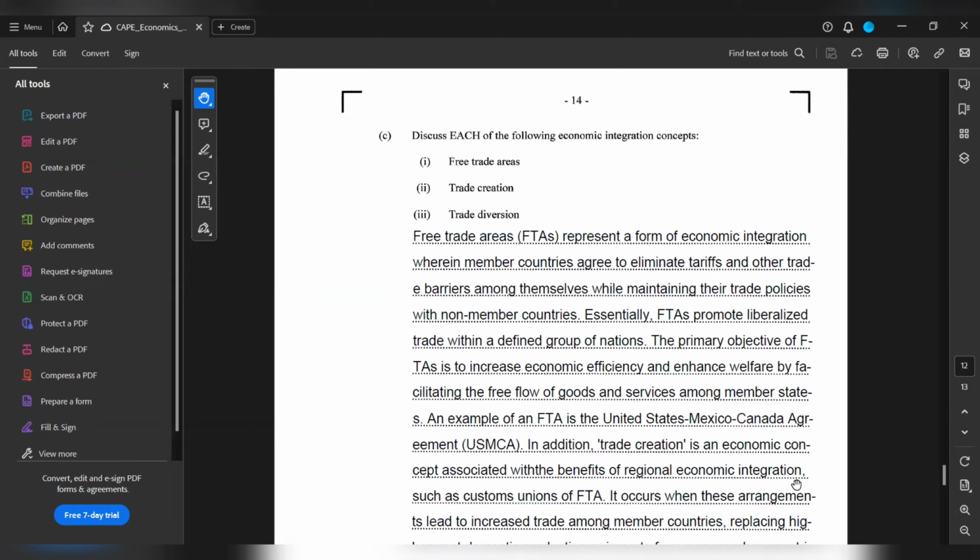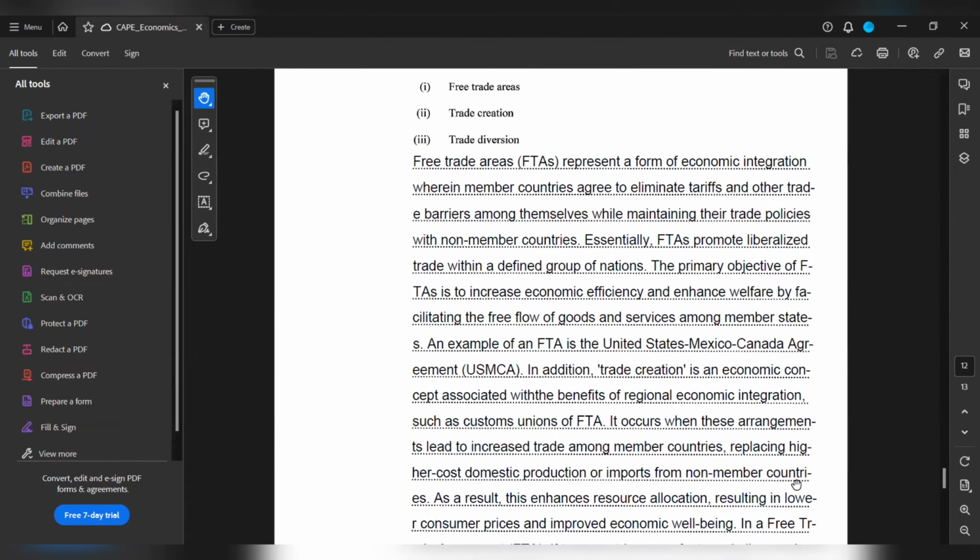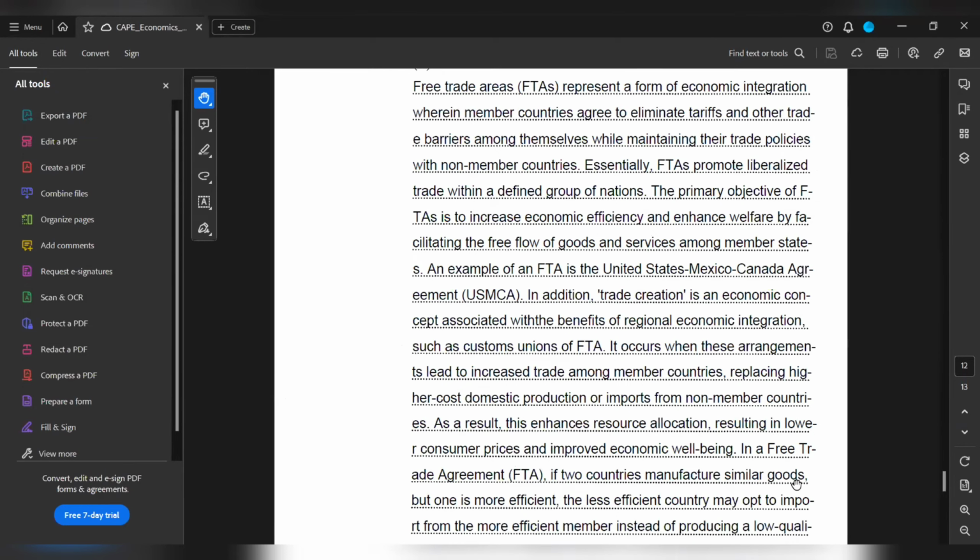It occurs when these agreements lead to increased trade among member countries, replacing higher cost domestic production or imports from non-member countries. As a result, this enhances resource allocation, resulting in lower consumer prices and improved economic well-being.